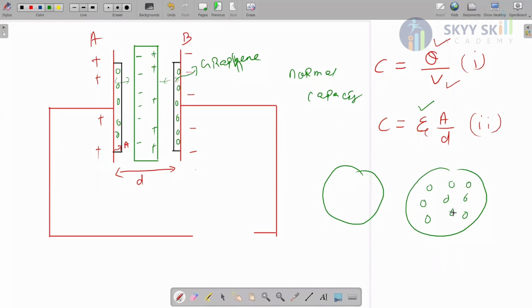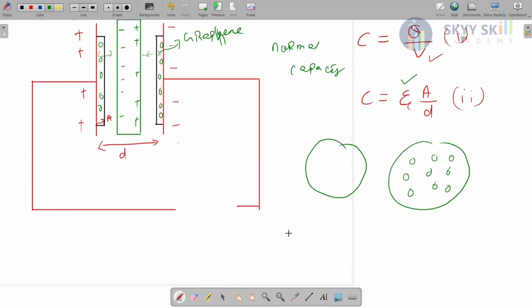Taking this phenomenon into account, engineers started to coat the plates with graphene, thereby increasing the total exposed surface area. When the surface area increased, the capacitance increased 1,000 fold, 1,000 times, not volts. So this is the difference between a normal capacitor and a supercapacitor.